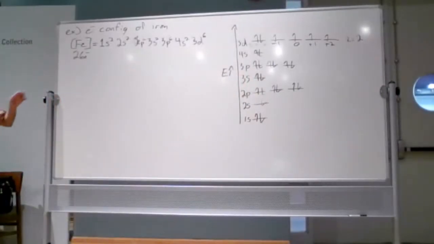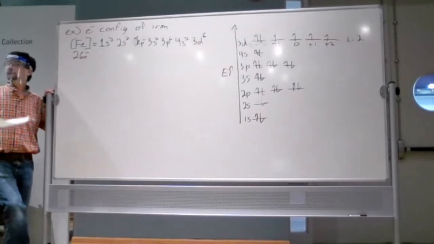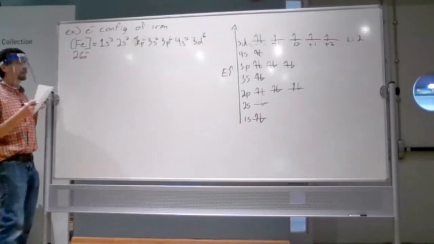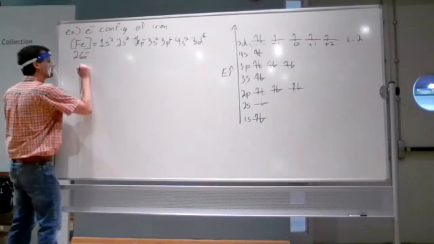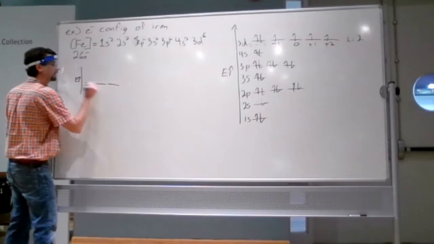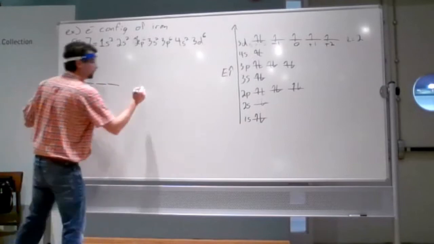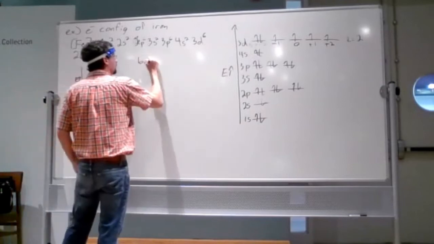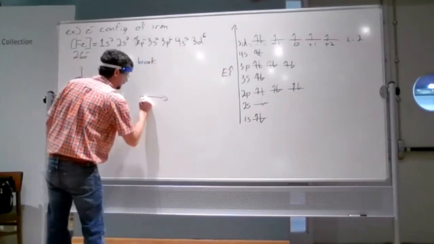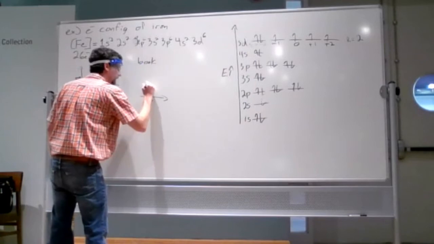Okay, I want to point something out. Your book does these incorrectly. So for example, we've been writing a p orbital like a 2p like this. Your book does this.